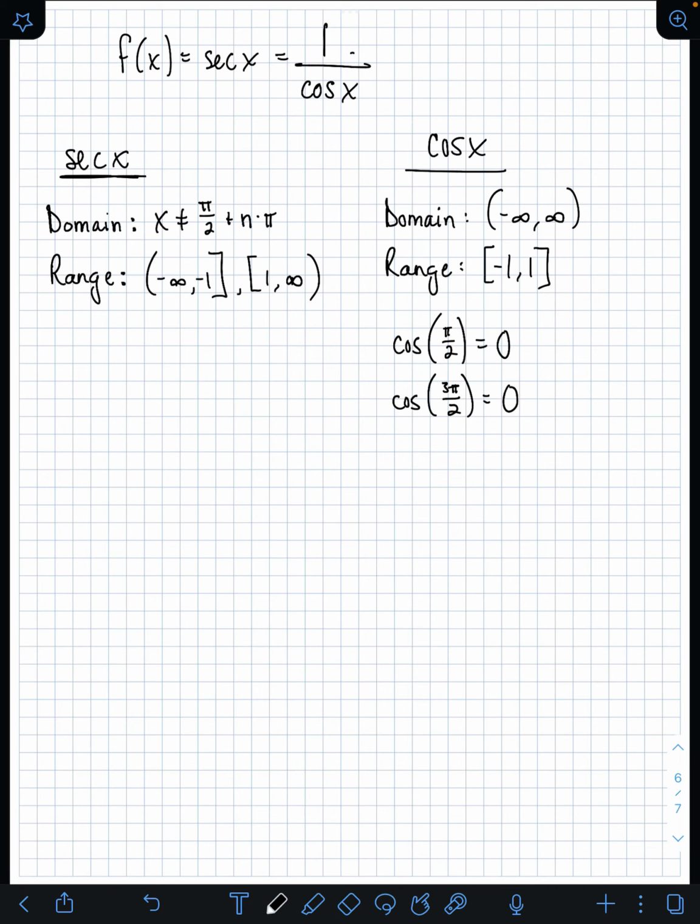And once again, the graph of this is going to be done with the cosine function first. And from that, we can draw the secant function.